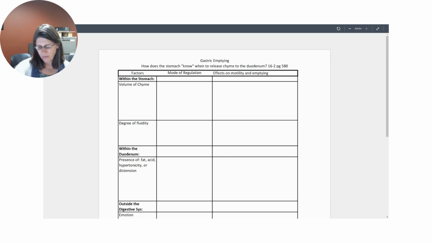The contents must be in a fluid form to be evacuated. It goes from the chunks of food that you ate that fell down into your stomach into more of a thick liquid, and it's got some chunks in there.